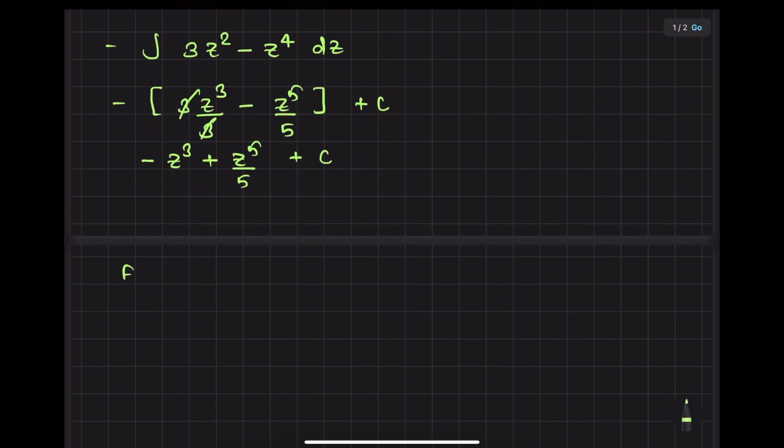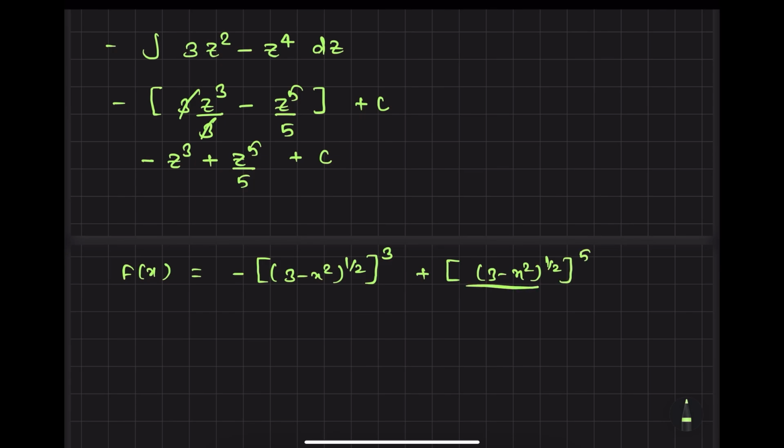So can I write f of x as minus of 3 minus x square, power 1 by 2, power 3, plus 3 minus x square, power 1 by 2, power 5, by 5, plus c.